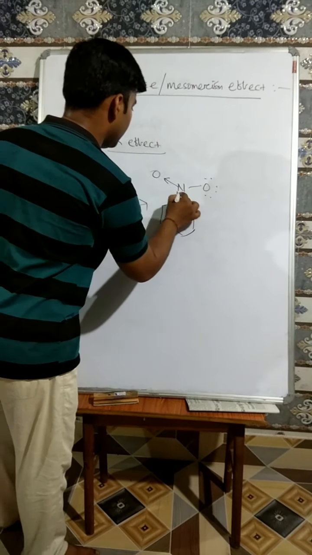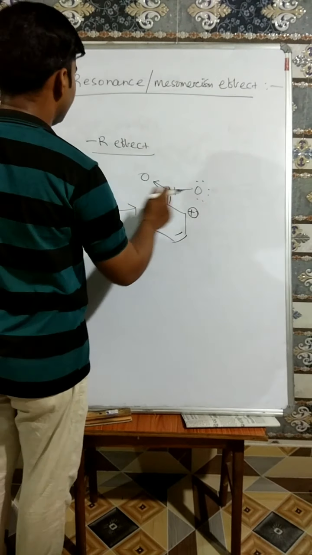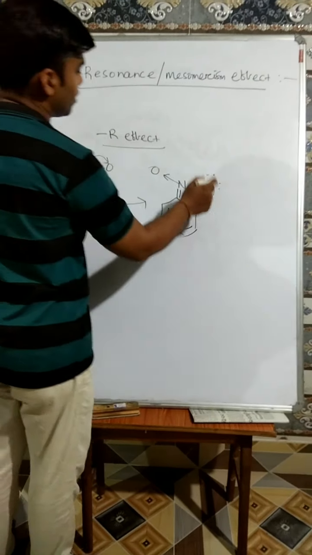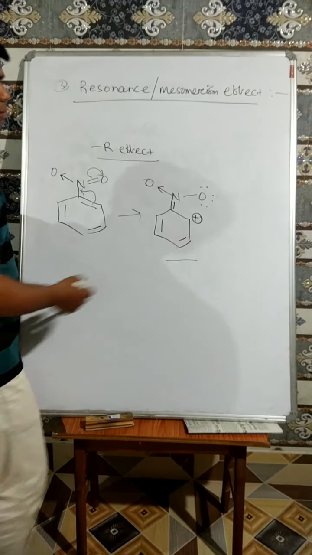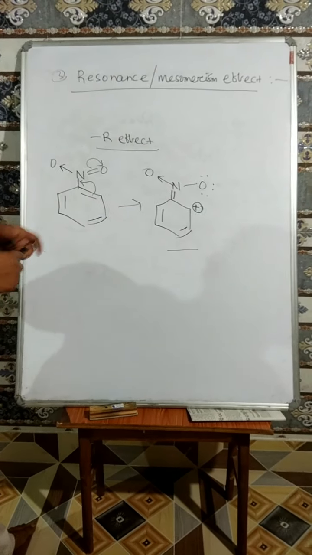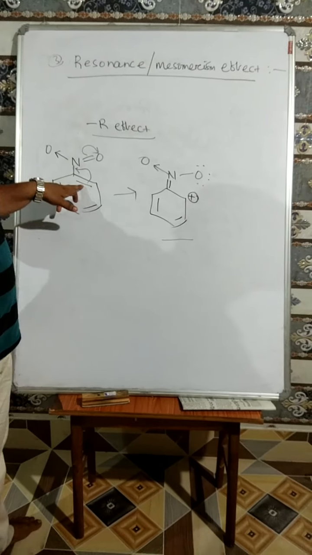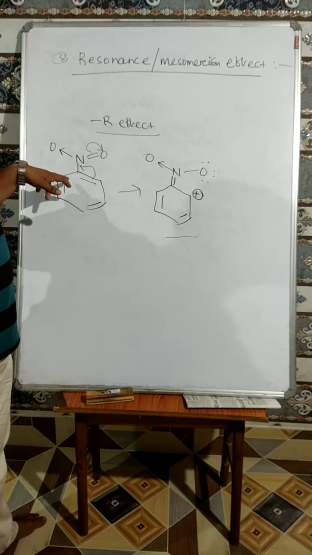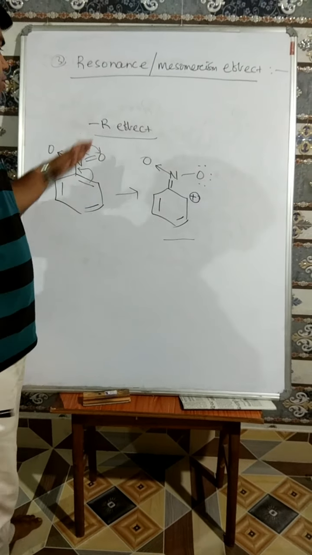Due to the pi electron shift towards carbon and nitrogen, this carbon gets a partial positive charge, and there is a double bond, and oxygen gets one extra electron, so that this resonating structure may appear. So here you see the nitro group attracts pi electrons from the conjugated pi system towards itself. That effect is called negative resonance effect.